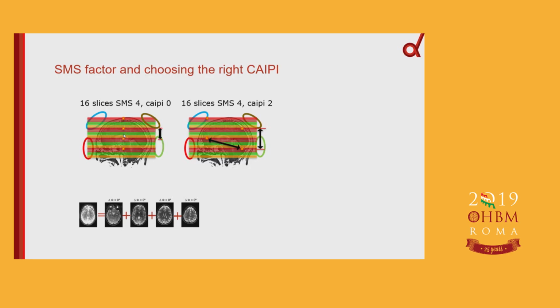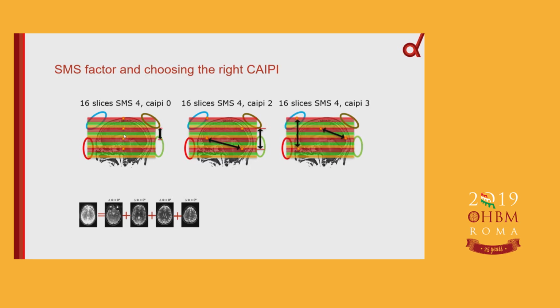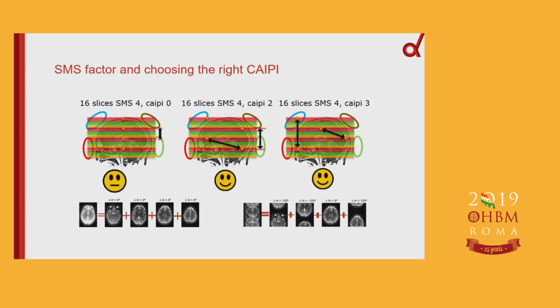If you move to a CAIPI 2 or a CAIPI 3 situation, you will then have this. You will have these far away from each other. So these are at the same position, but they're sufficiently far away that they're being picked up by different coils. Right? So this is the kind of benefit that you need.